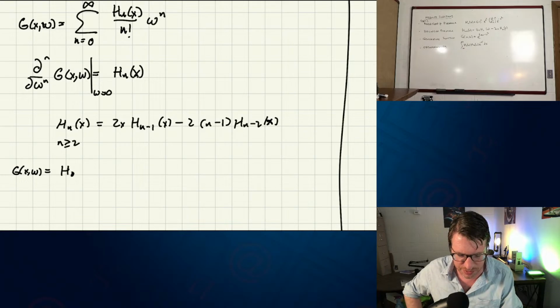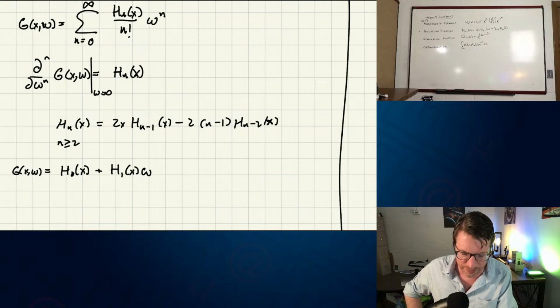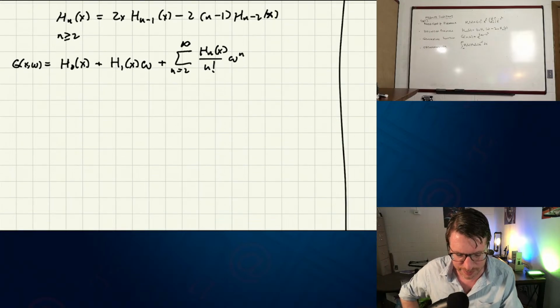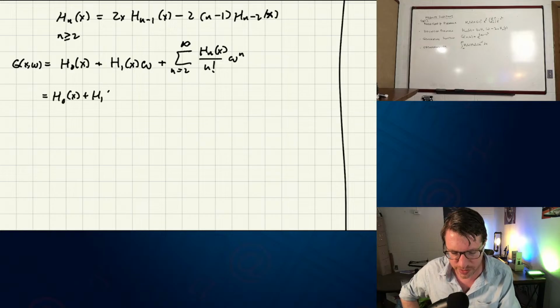So we're going to have h_0(x) times 1, and then plus h_1(x) divided by 1 factorial, so that's just 1, times w. And then we're going to have the rest of our series. So we have the sum n equals 2 to infinity of h_n(x) divided by n factorial w to the n.